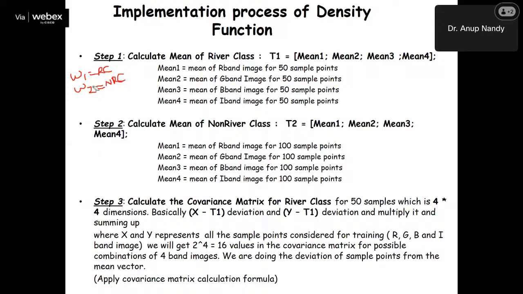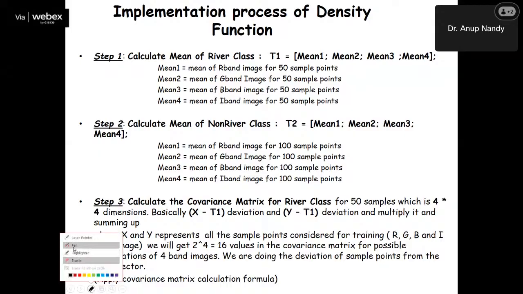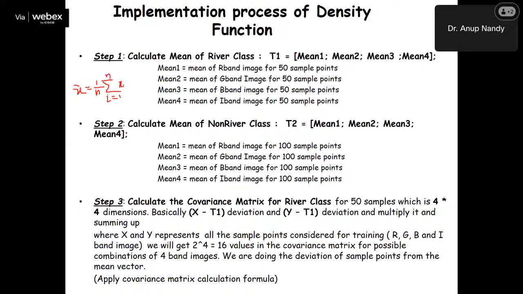And now how to calculate this mean? What is the formula for mean that we have already seen? x bar is equal to 1 by n summation of xi.